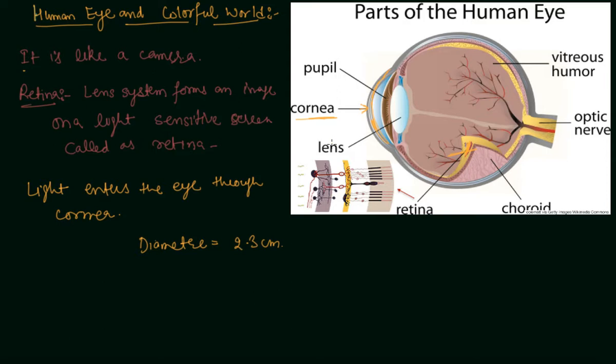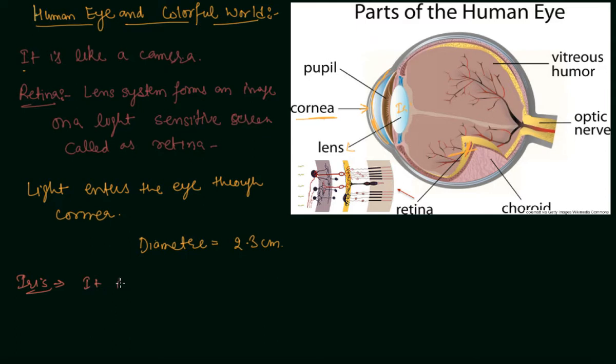Now we find a structure called the iris behind the cornea. This part shown here is the iris. Let me write what the iris is.